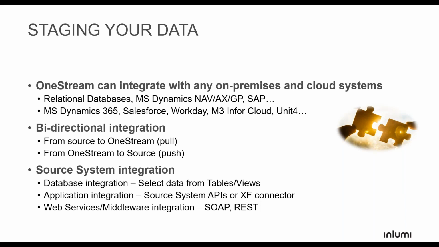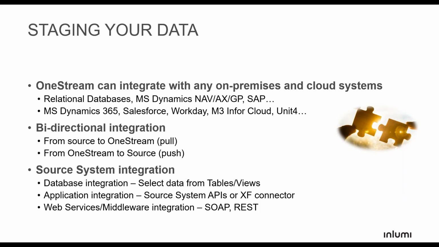There are many ways, but if we want to group the different ways of integrating with source systems, I would say that we have database integration, which is when we want to extract data from tables or views. Application integration, which is when we use source system APIs, or we can also use pre-built connectors in OneStream, like for example the SAP one.